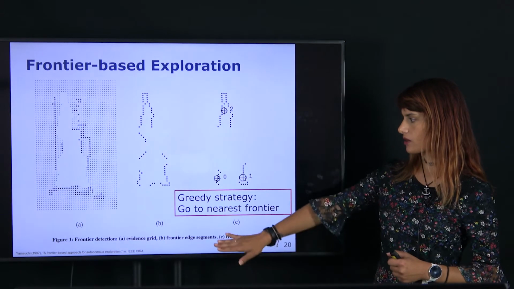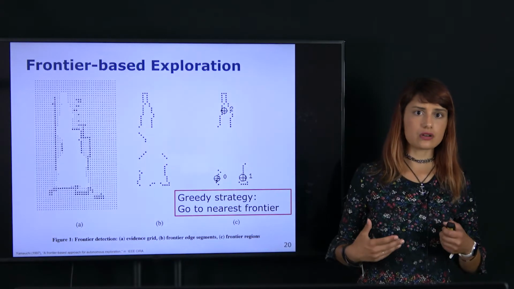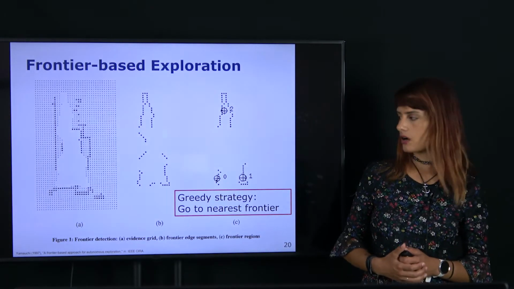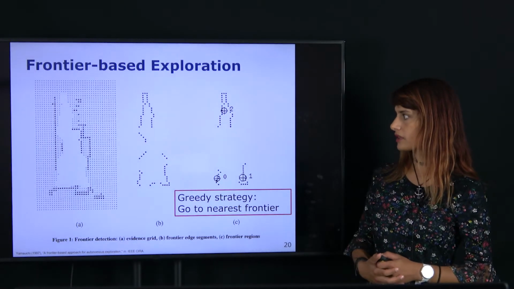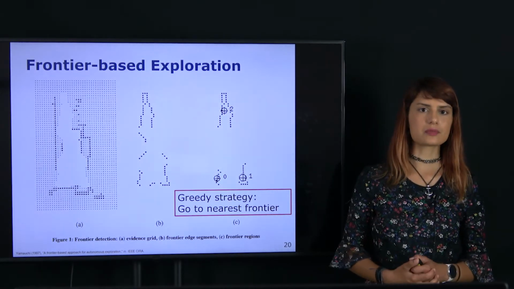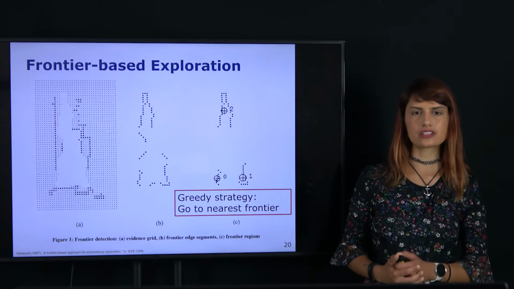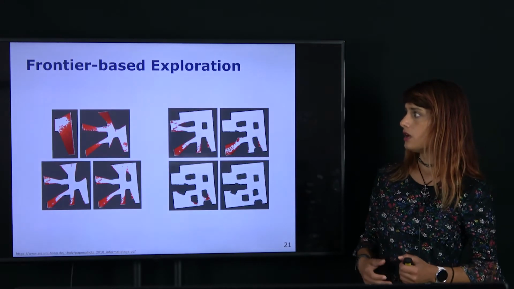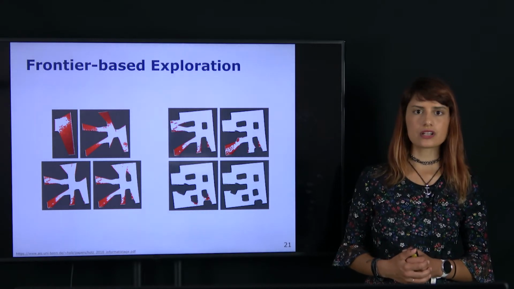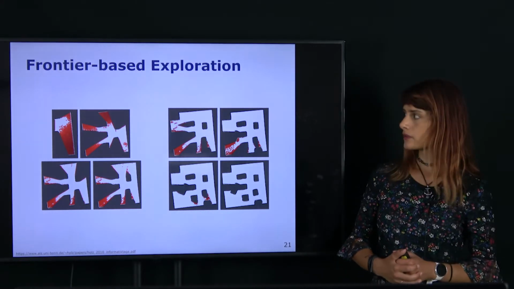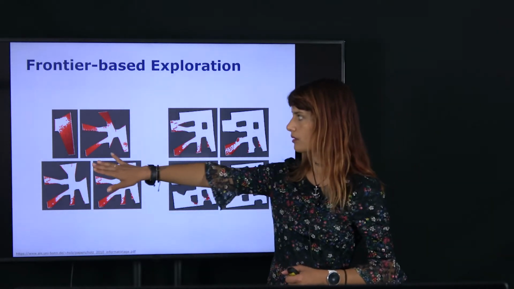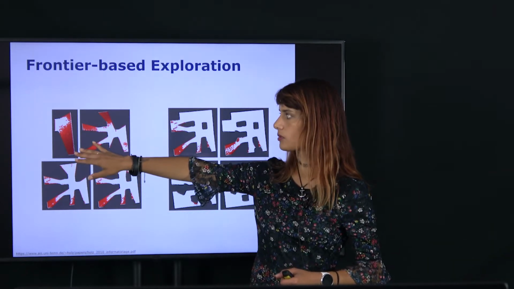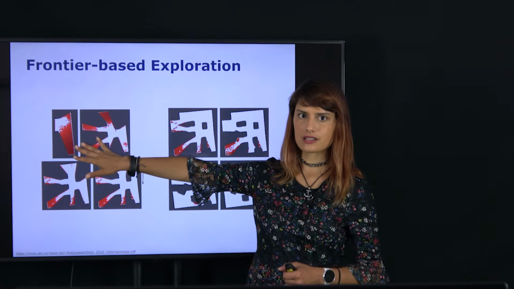Because our decision-making strategy is based on unknown areas, if we give it enough time, the environment will be completely explored in terms of the occupied and free space. Here is a more practical example of greedy frontier-based exploration in a 2D environment. On the left we can see the starting map of the robot, where the red are the frontier cells.